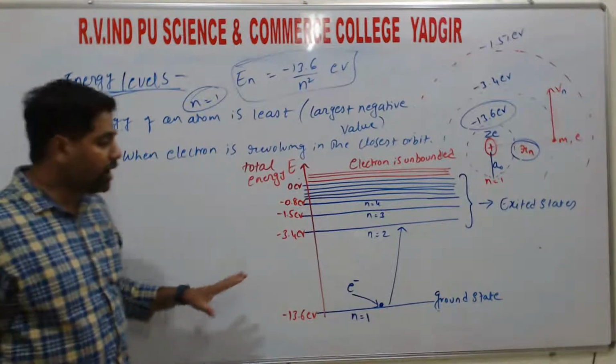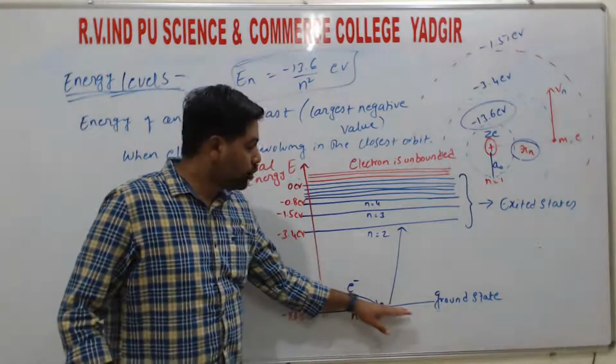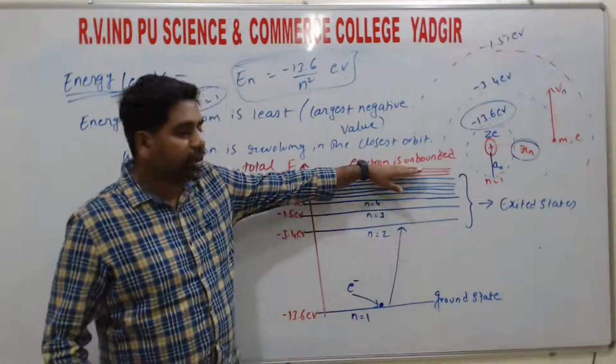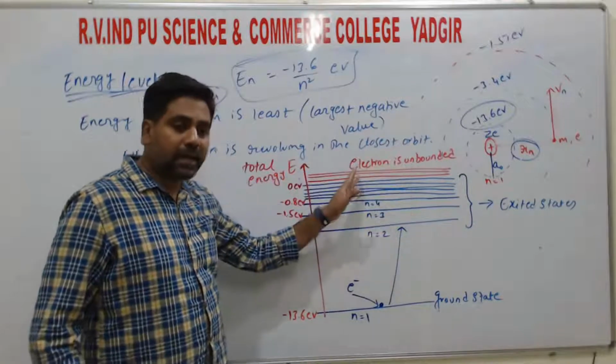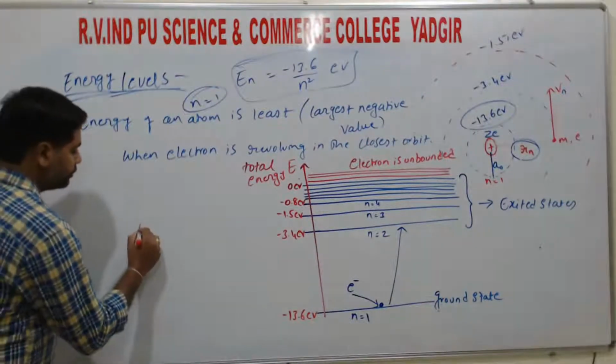Next, the minimum energy required by the atom to get excited from the ground state to the ionization state, that energy we call ionization energy.